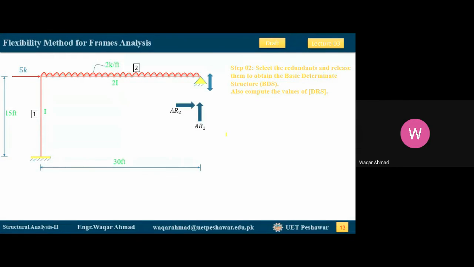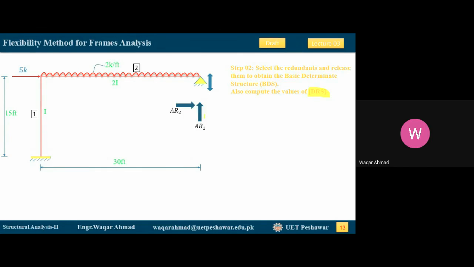okay, now in the second step, we also need to compute the DRS values. So the DRS values, which are the support settlement or rotation corresponding to the chosen redundant action. Now we know that these are our redundant actions, right?